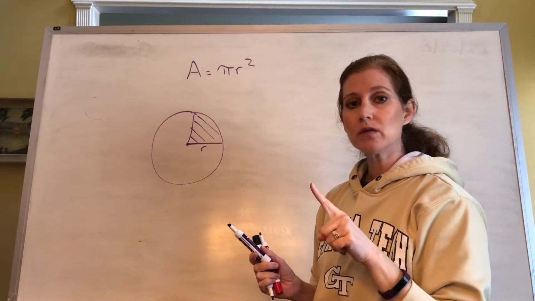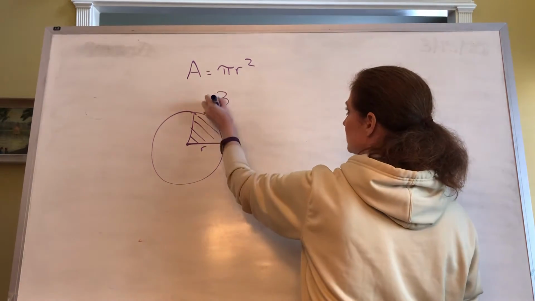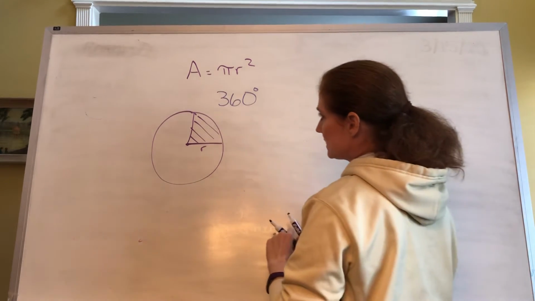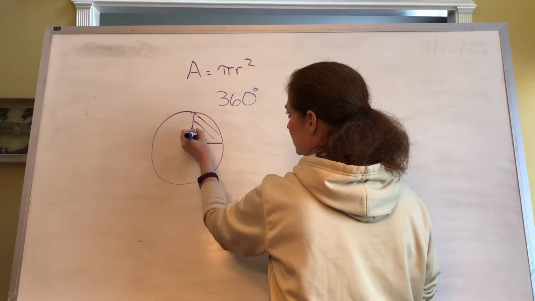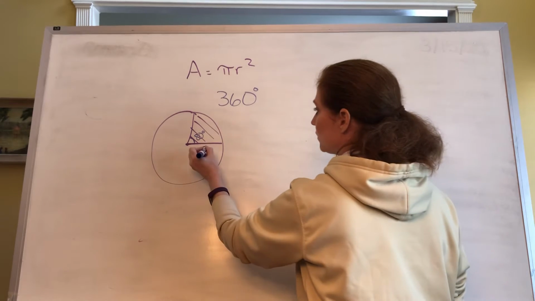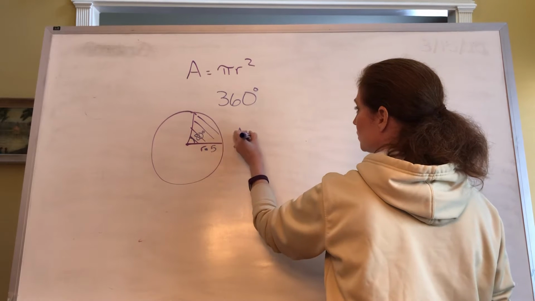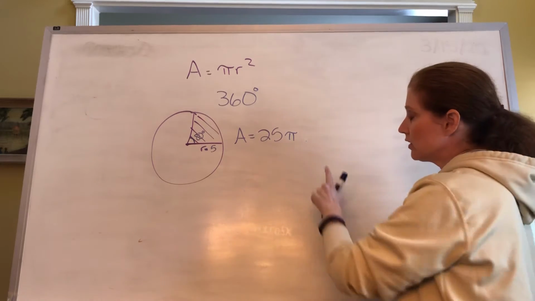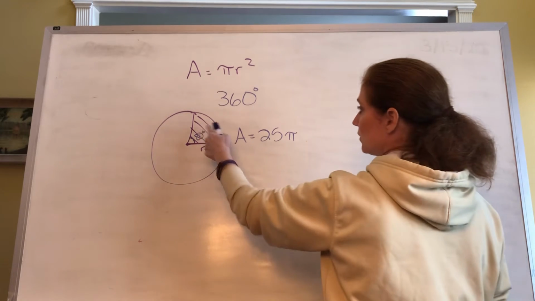actually, okay, so going around the circle all the way is 360 degrees. And so if we said that this angle is 80 degrees, and if I know that the radius is 5, then the area of the whole circle is going to be 25 pi, because pi r squared. And then what we want to do is take the portion of it.